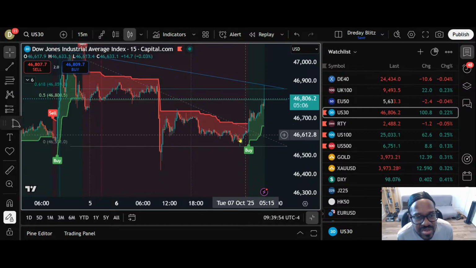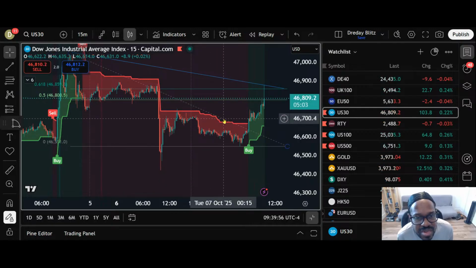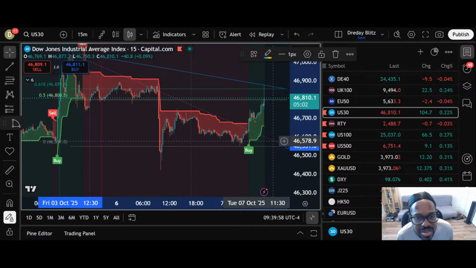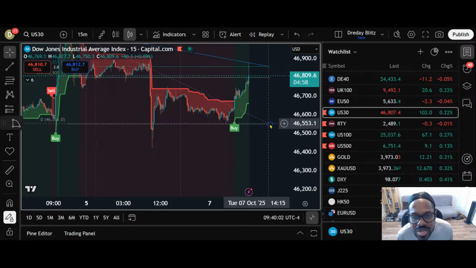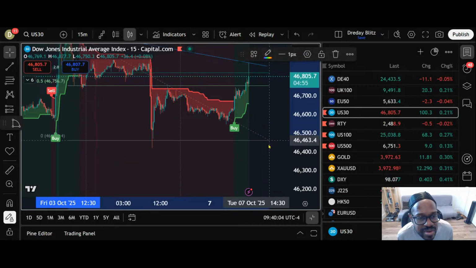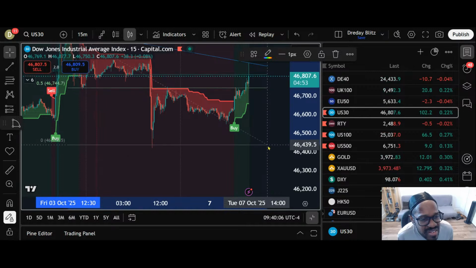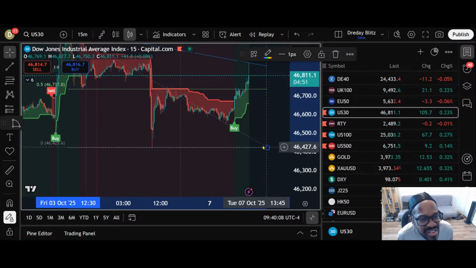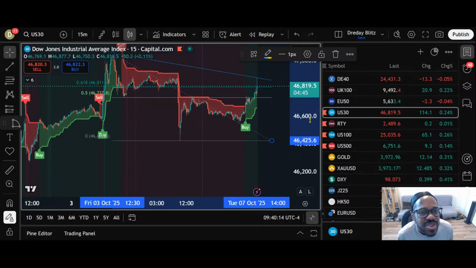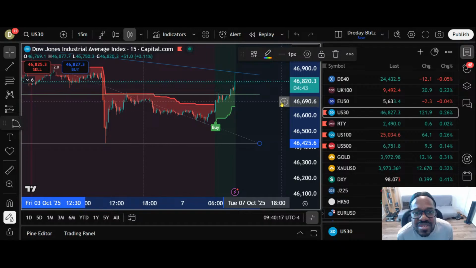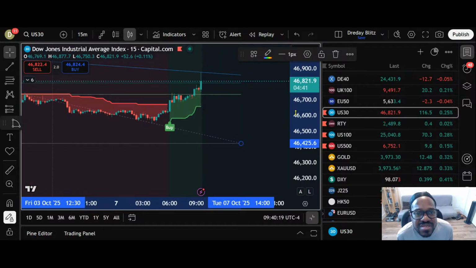I misread the fib, so I'm just going to adjust it a little bit. Forgot that big swing low right here, so I'll put it right here. All right. As you could see, we're at 61.8, more or less.